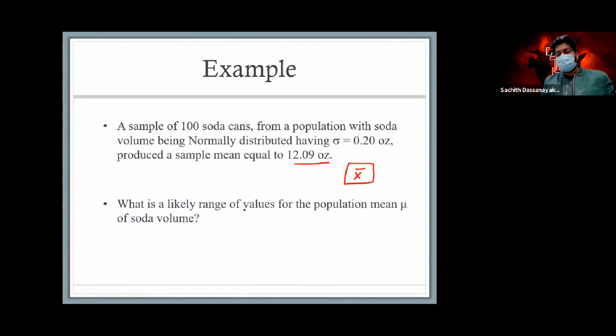So, for example, you can take values like 12.01 to 12.20. You can see this value is within this interval, right? Clear? This is very similar to what we are going to do.